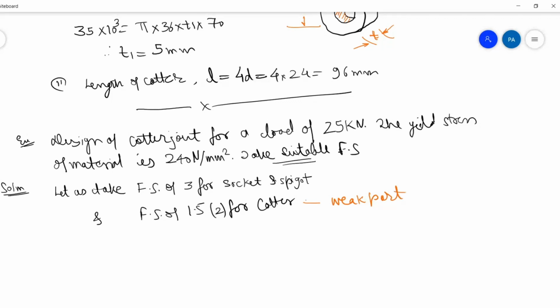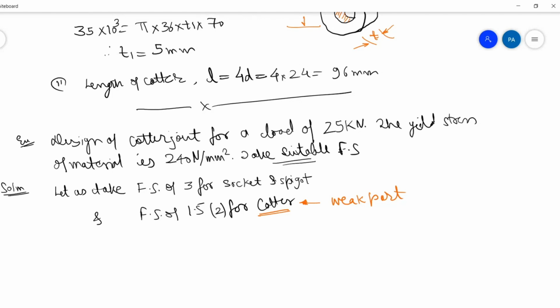We are designing the Cotter as a weak part. Less factor of safety means the dimensions will be less and the strength of the part will be less. Weak part. Which part is weak? Cotter. And what about socket and spigot? See, socket, spigot, socket collar, spigot collar, and rod.